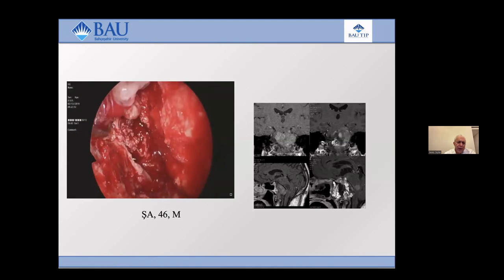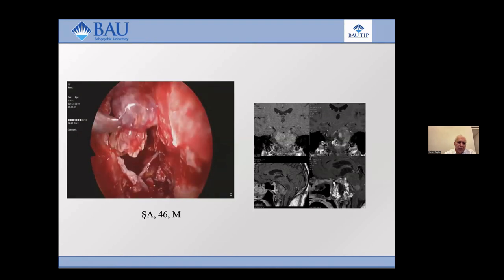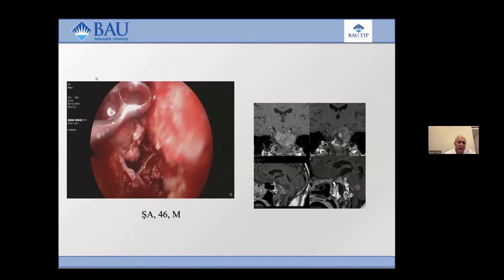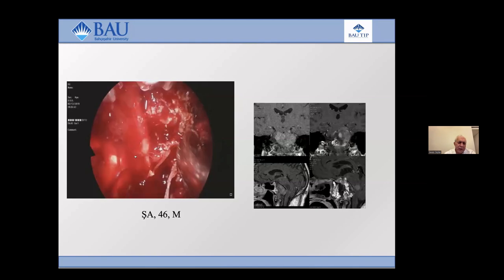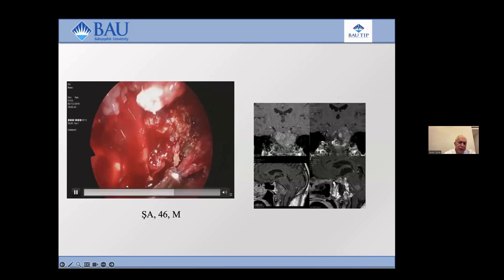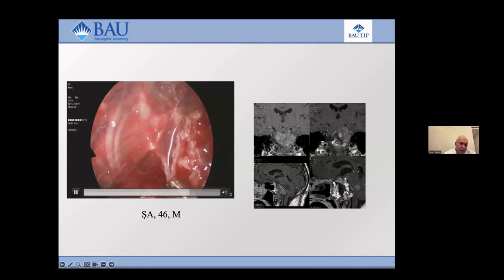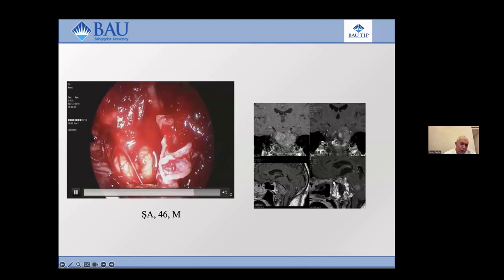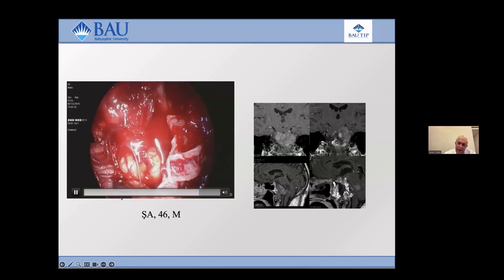After tumor resection, you see the basilar arteries, pons, and medulla. In this case, we reached the lower cranial nerves, and then we accessed the hypoglossal canal.